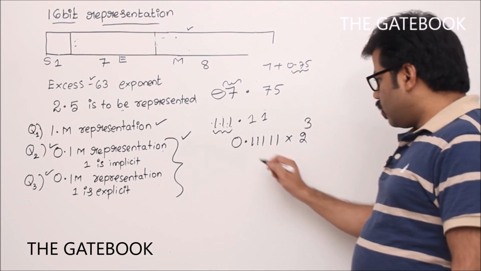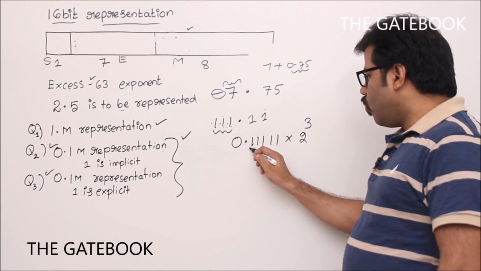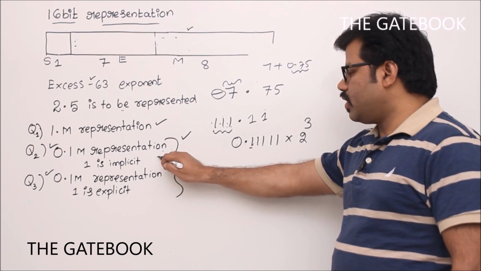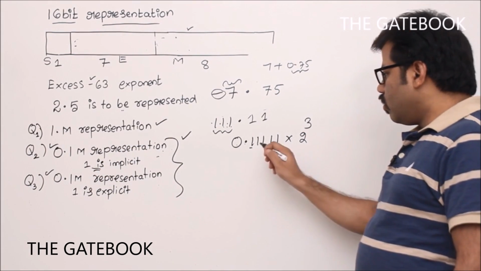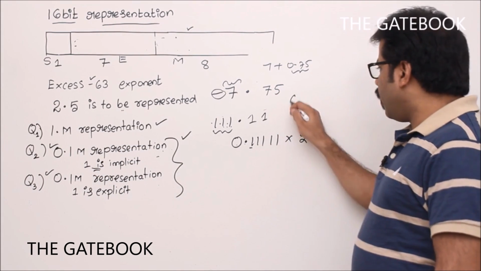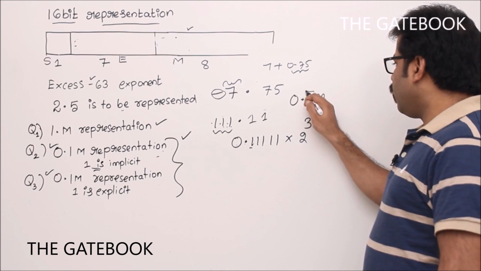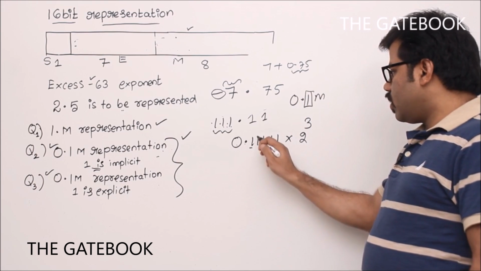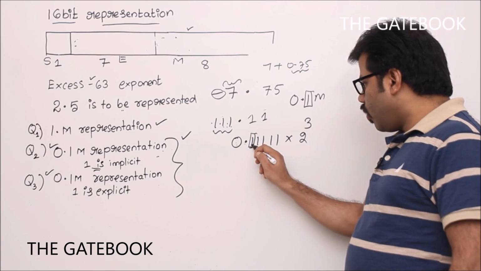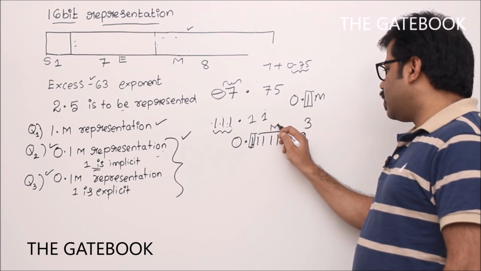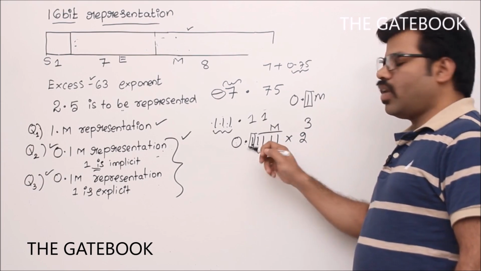Once it is done, now see 0.1m, right? In the first question, 1 is implicit. 1 is implicit means what? In this 0.1m format, we are not storing the first one. The first bit we are not storing, only the rest. This is the actual mantissa we are going to represent, and this one is default.